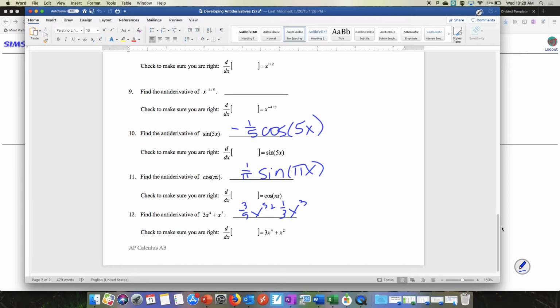Now, on here, we had a bunch of notation for derivatives. Do you think there's a particular notation for antiderivatives? Go ahead and turn to somewhere in your notebook so you can write down the symbol for an antiderivative, and we can talk about some official rules here.